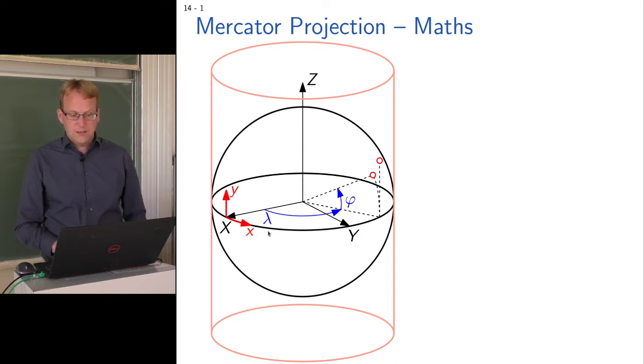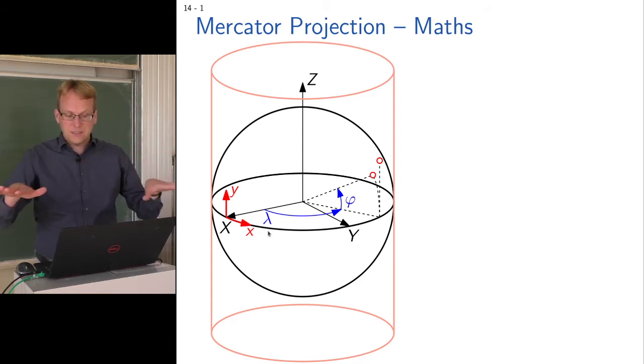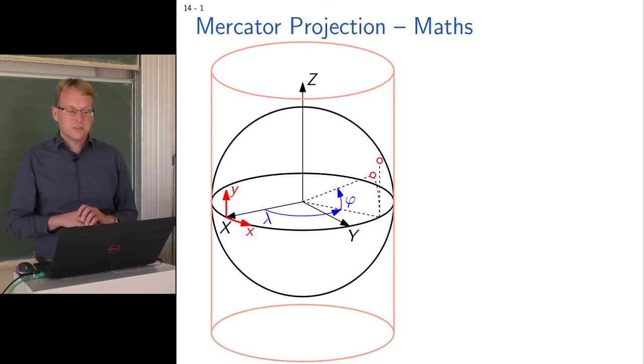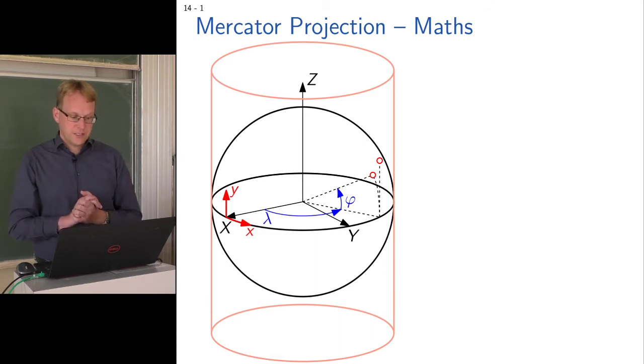If you now unwrap the cylinder and flatten it into the plane, then of course you would have a plane Euclidean coordinate system. This small x, small y is our projected coordinate system, which you can see here on top of the cylinder.